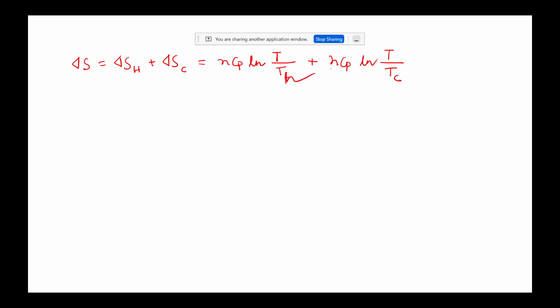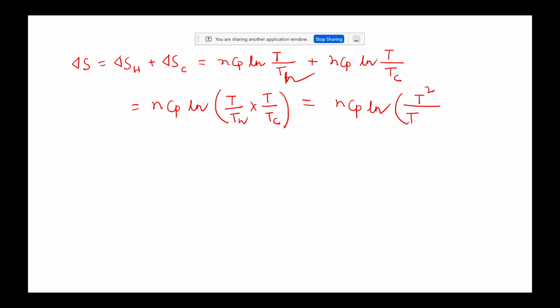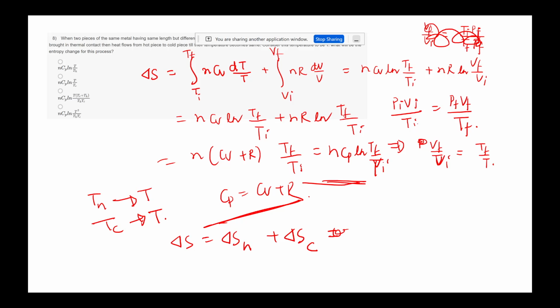If you combine them together in Cp, it becomes N Cp ln(T squared by TH TC). So the option will be the last option.